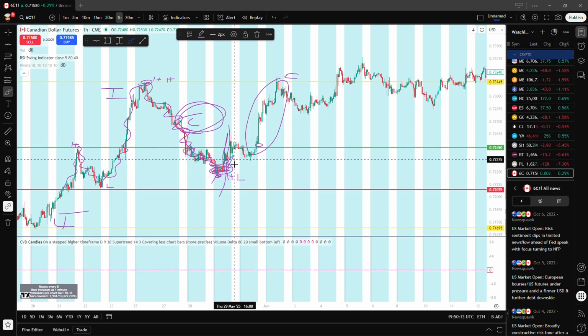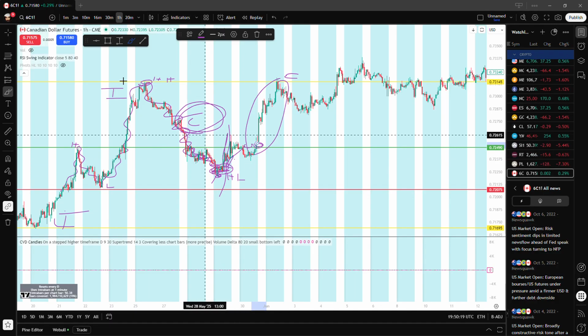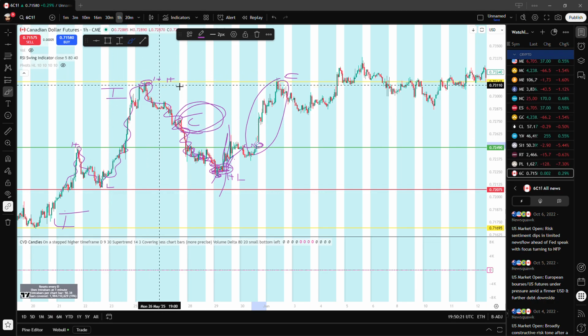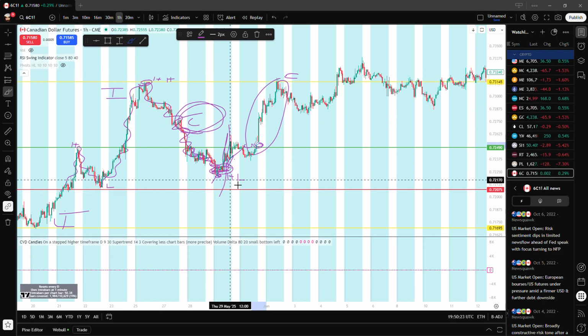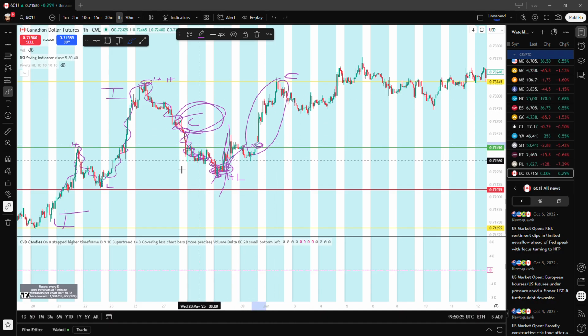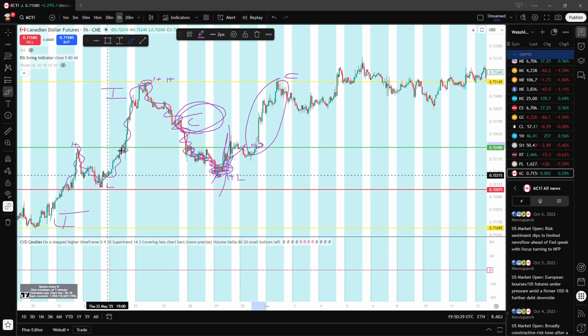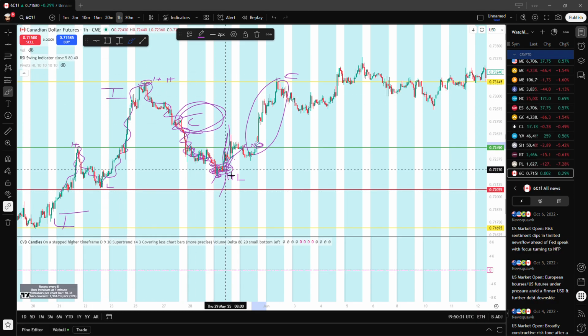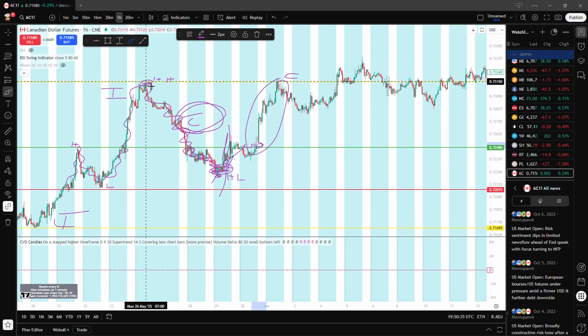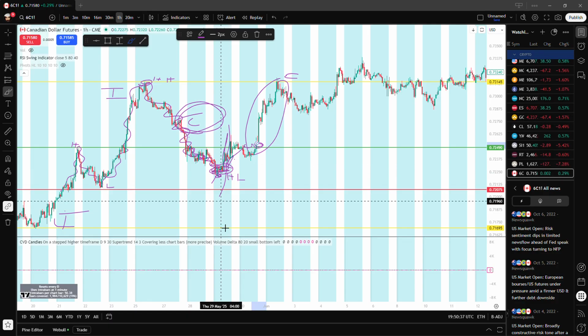And so once it breaks above here again, that's the continuation. So we get a higher high, forms a higher low, makes a higher high, forms either a higher low or a lower low.